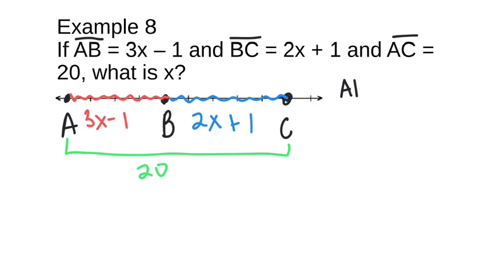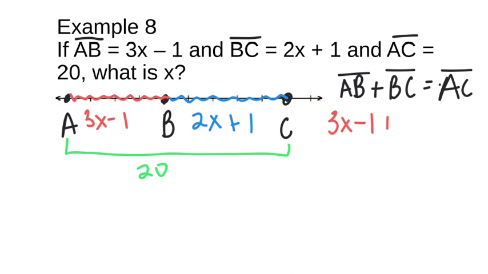Again, using the segment addition postulate, AB plus BC equals the whole segment AC. So AB was 3x minus 1 plus BC, which they said was 2x plus 1, equals AC, which they said was 20. If you solve this equation for x, you'll have x.